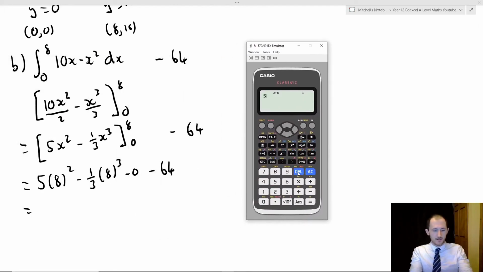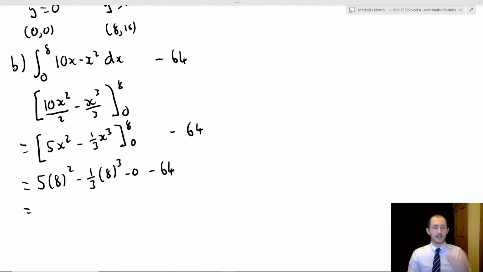Let's use 8 squared and minus a third. I'm going to have to use the fraction button. 8 cubed. And again, let's put the minus 0 anyway, just for completionist sake. 256 over 3. Again, leave our answer as a fraction.